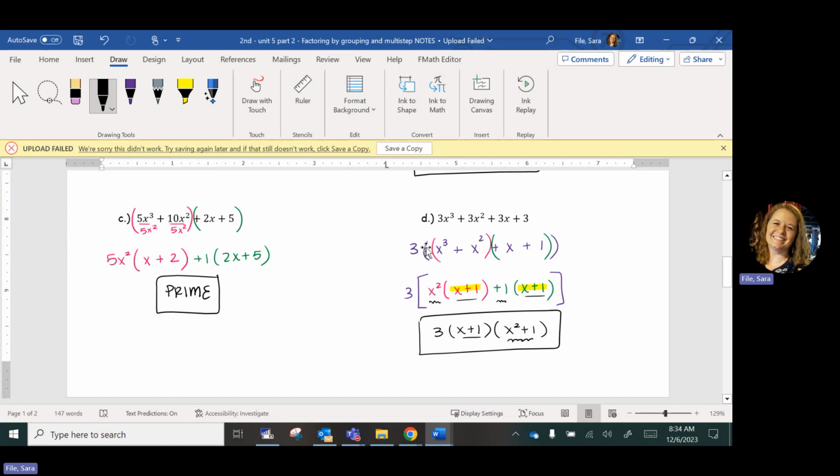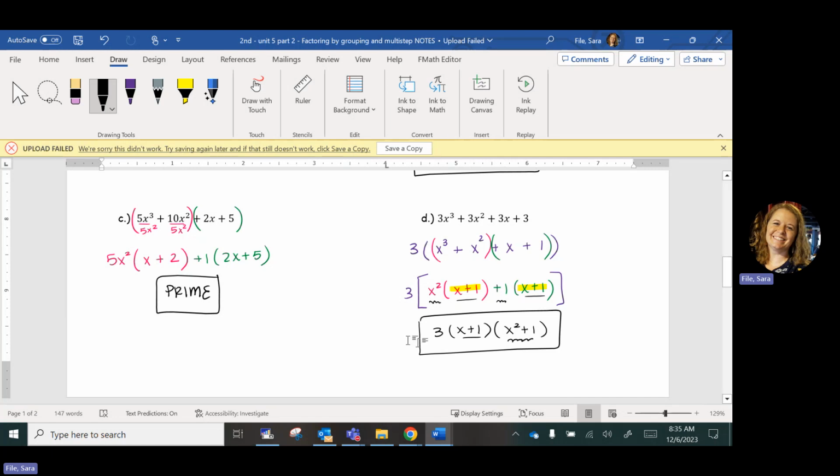So far we've covered GCF, greatest common factor. We've done quadratic form trinomials with guess and check, box method, and grouping. We have done special cases, and we've done that when A is equal to 1 and when A is greater than 1. Then we did special cases with difference of squares, difference of cubes, sum of cubes, and perfect square trinomials.